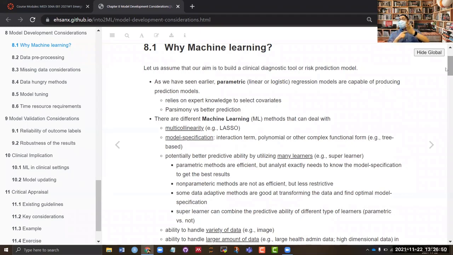Maybe the data is highly correlated, then you would use lasso, ridge, or elastic net type of methods. Maybe it is very hard to identify the functional form or the interaction terms, then you would use the CART type of method. Maybe you want to incorporate the text data or the image data that the regular methods do not take into account. All I'm saying is that you have to be very clear about the justification for picking a particular machine learning method.